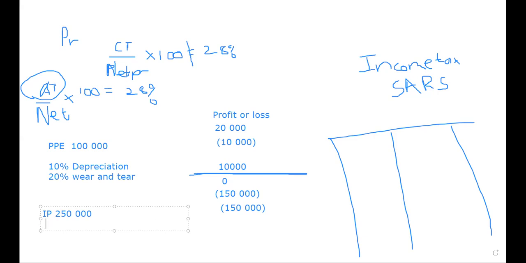Tax says, in tax terms, this is a normal commercial building, so I'll give you a 5% allowance on this building. However, for accounting purposes, it will use the fair value model, right?